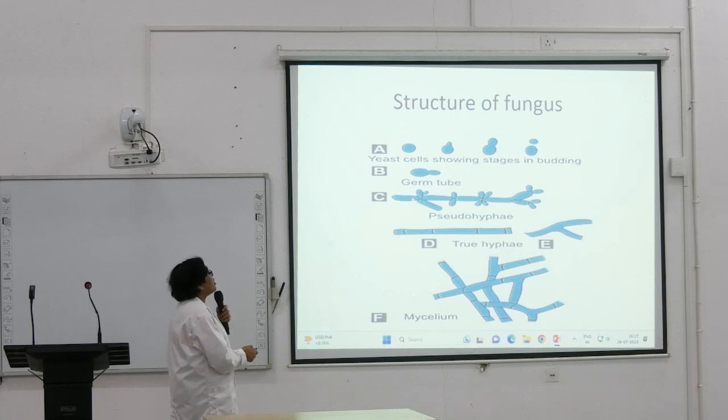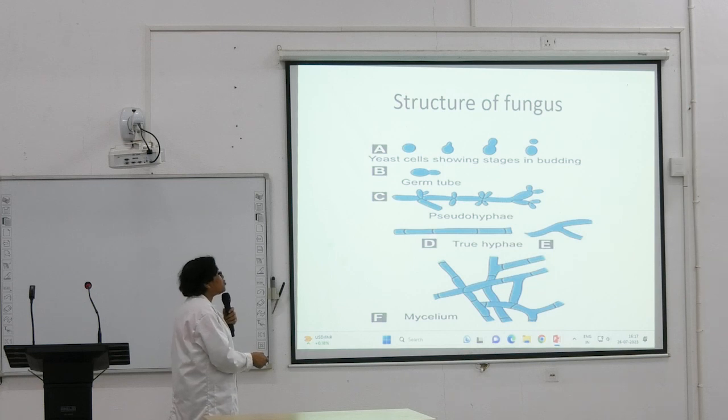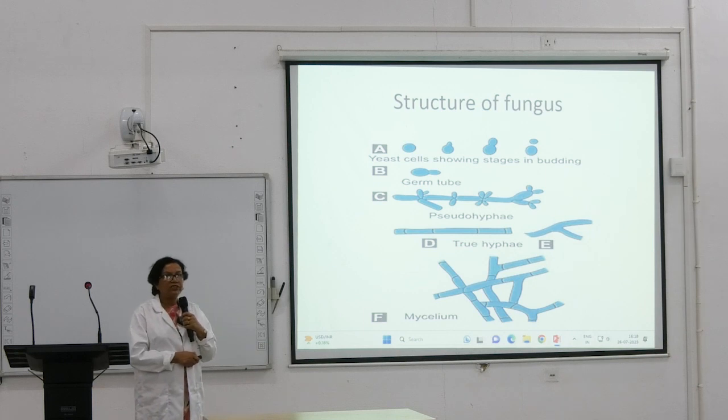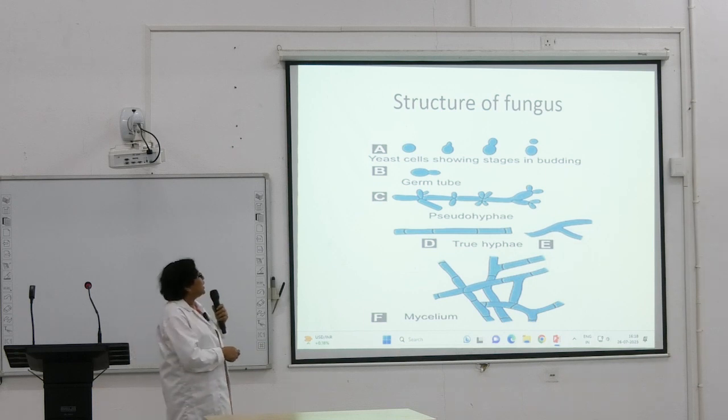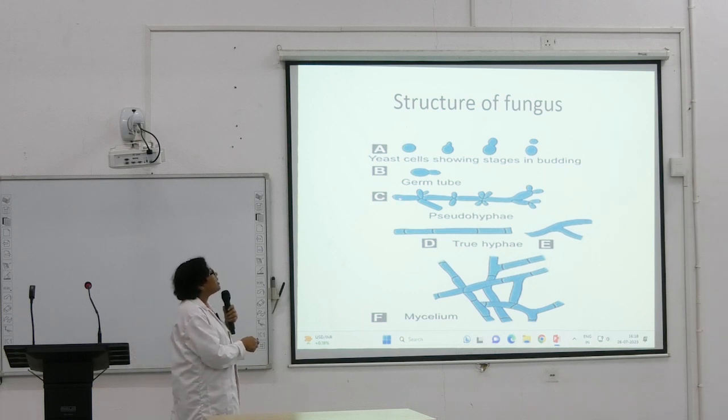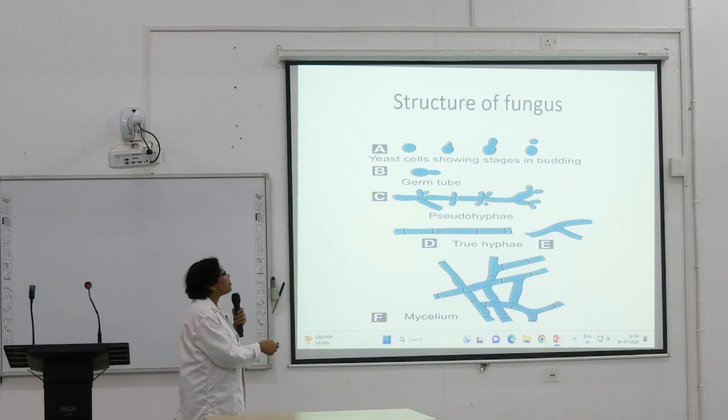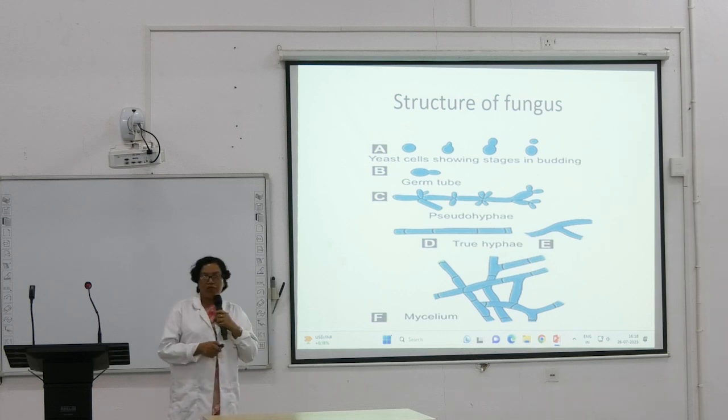Next comes hypha. This is true hyphae, and this is pseudohyphae. True hyphae, one is septate, there are septa, and one is aseptate, no septa. Hyphae is the branching or mycelial form. And what is pseudohyphae? It looks like hypha, but it is not actually hypha.